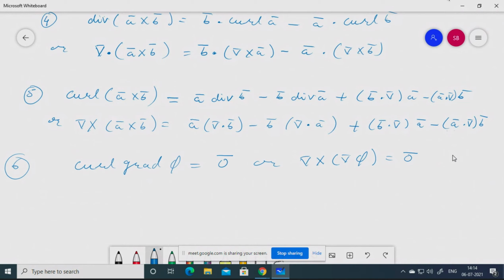So if this happens, we say that this gradient of phi is irrotational and phi is scalar potential. You remember it? Yes, ma'am. Okay, we have solved so many problems. This we have considered as f, and when we calculated curl of this function, 0 bar. If you have got 0 bar, then in such cases this gradient of phi is called irrotational function, and phi there is called scalar potential.